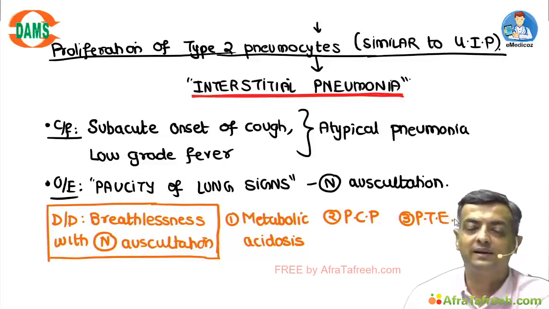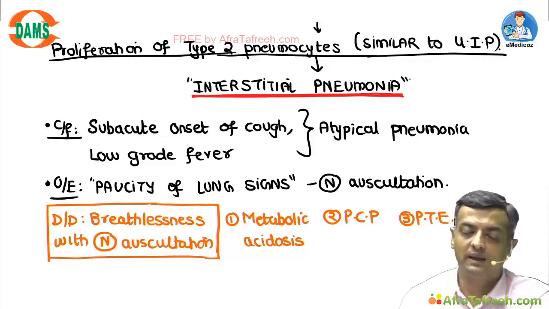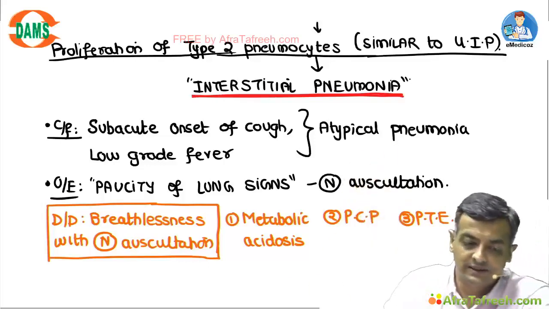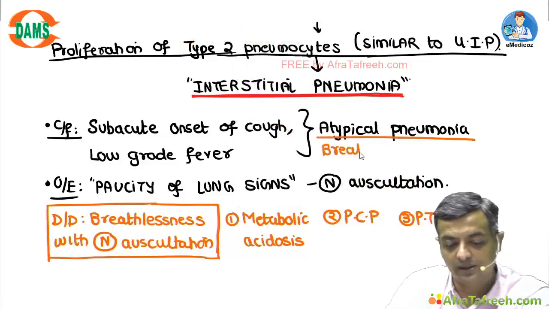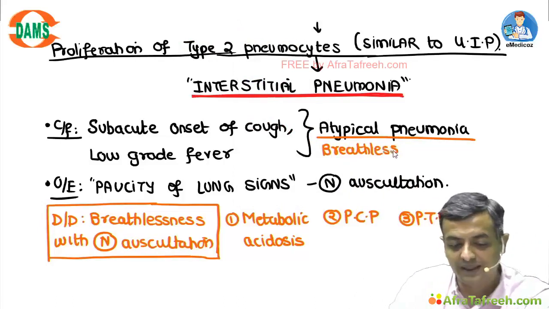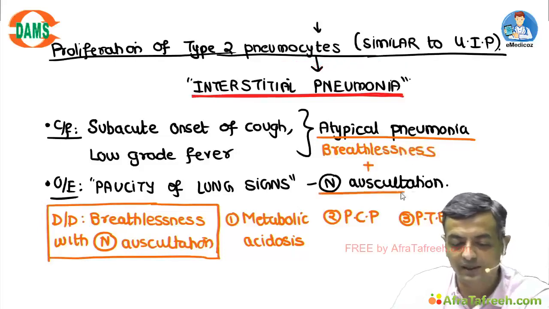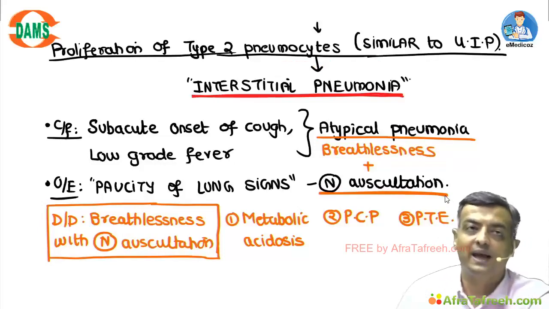So the presentation is atypical. Since the diagnosis is delayed, the patient progresses to breathlessness, but has normal auscultation. Then you think of PCP, acidosis, pulmonary embolism.